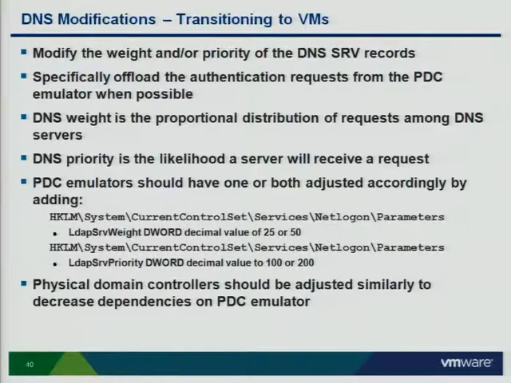The next one, of course, is the priority, the LDAP server priority, which has a default value of 0. If you push that to an artificially high number, like 100 or 200, you've significantly decreased the likelihood that that server will ever receive a logon authentication request.